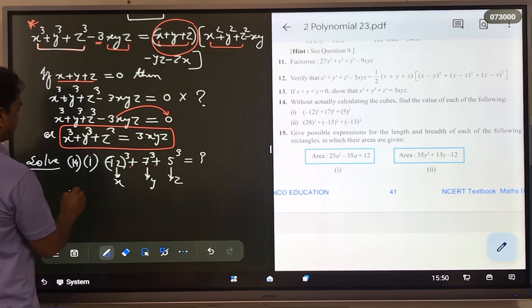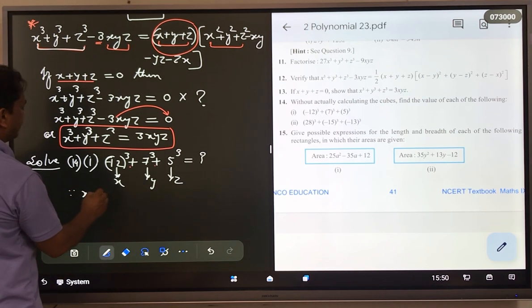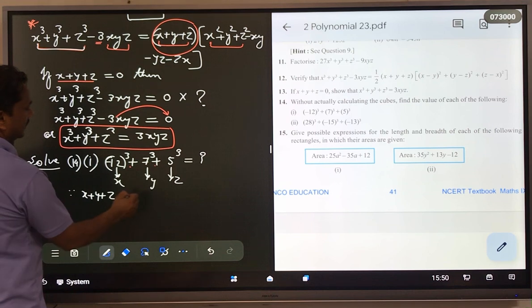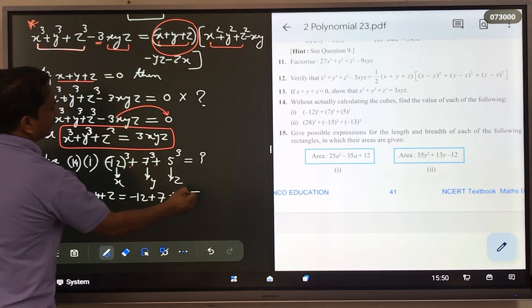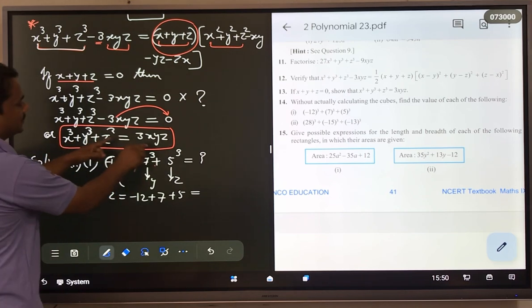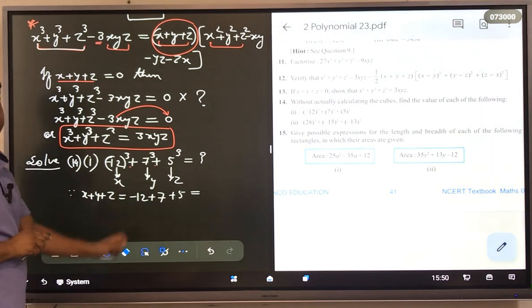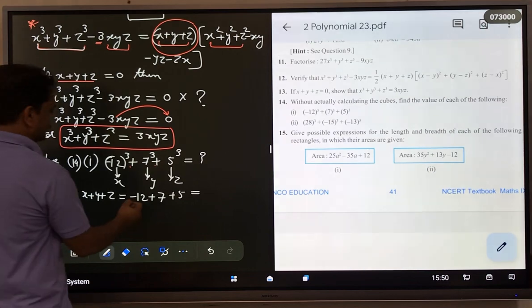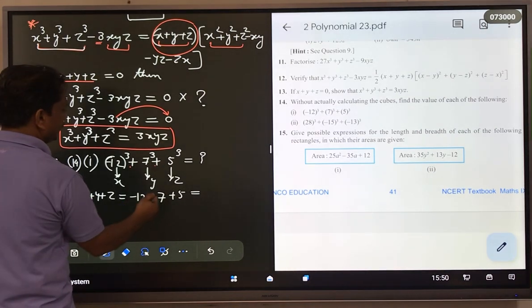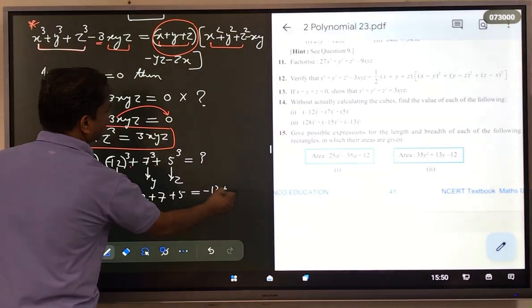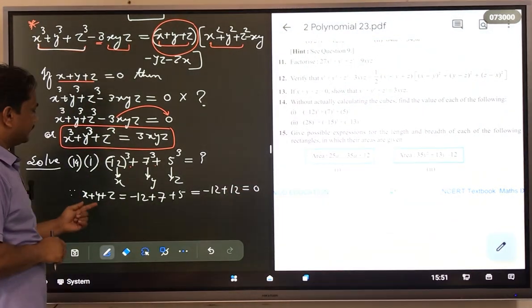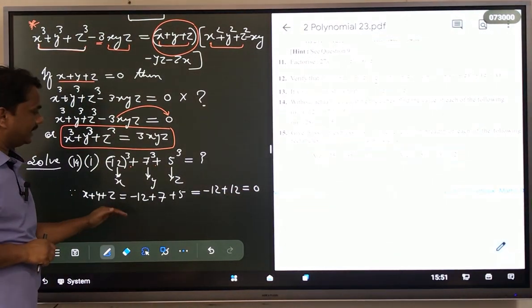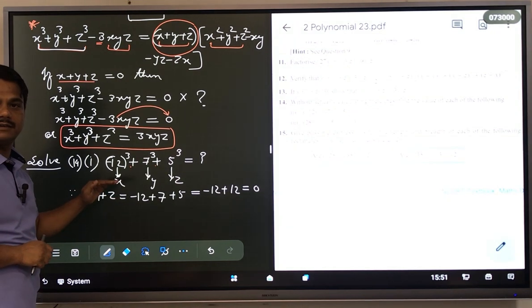So let x plus y plus z be minus 12 plus 7 plus 5. This identity will be used whenever this condition is achieved. Minus 12 plus 12 is equal to 0. Here the sum of three quantities is becoming 0.